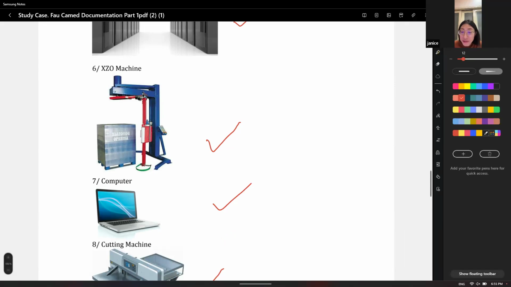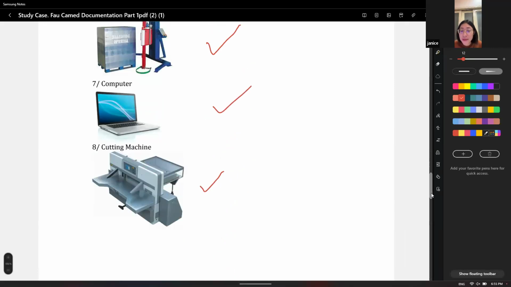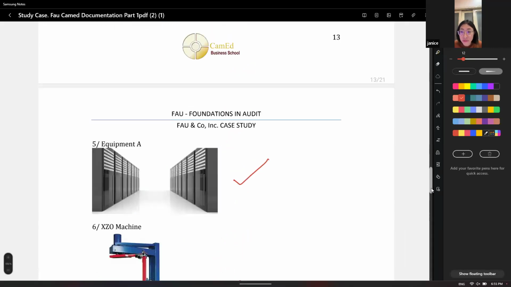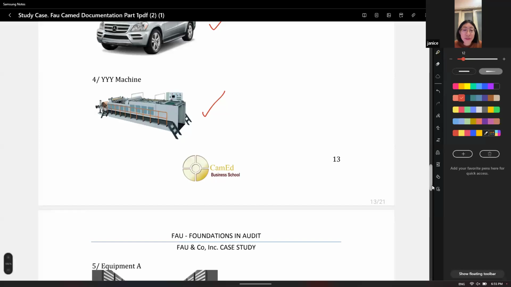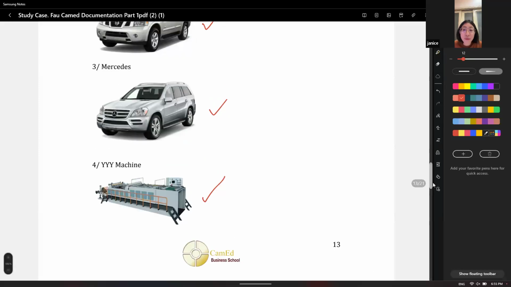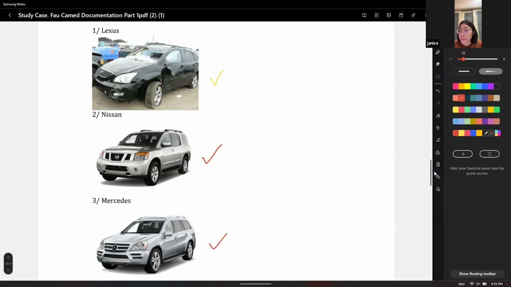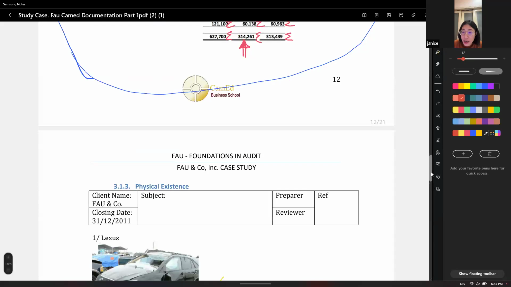We went and verified the 8 items and they all exist. So by doing that, we verify one of the assertions already, which is the existence. So we check the physical existence. So we can say physical inspection.